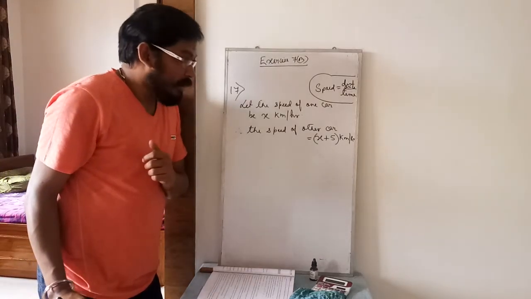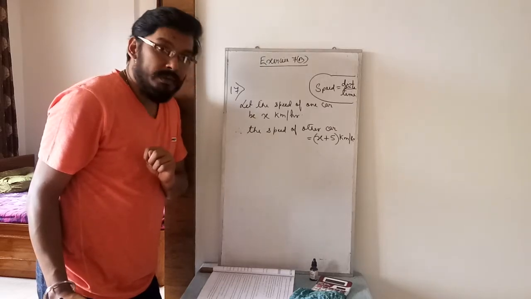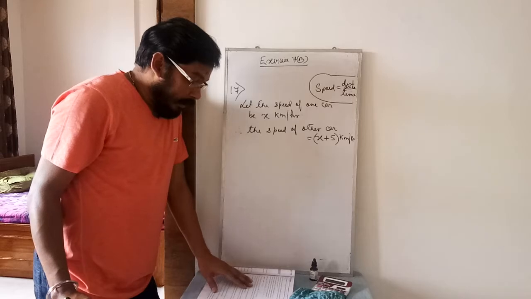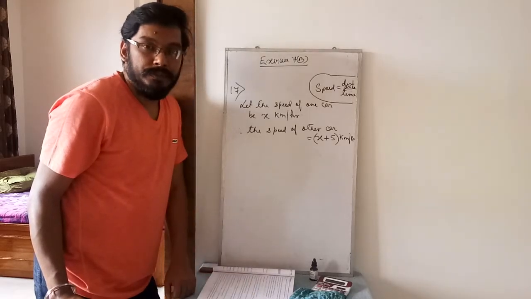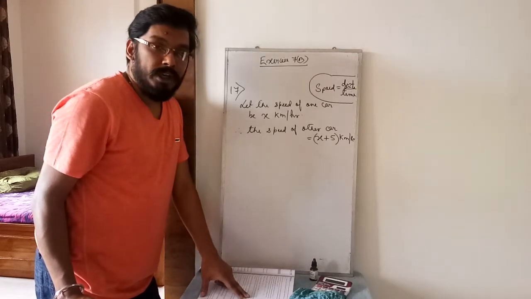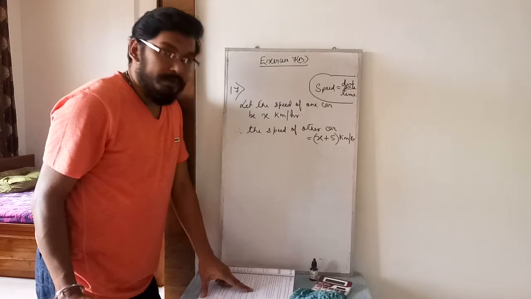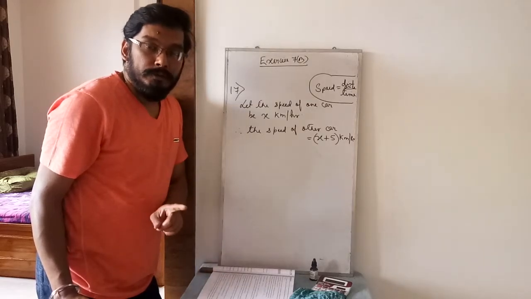Now I will find the distance traveled by both the cars. They have traveled for how many hours? 5 hours, since it is given they are 425 km apart at the end of 5 hours. So I will find the distance traveled by both cars in 5 hours.